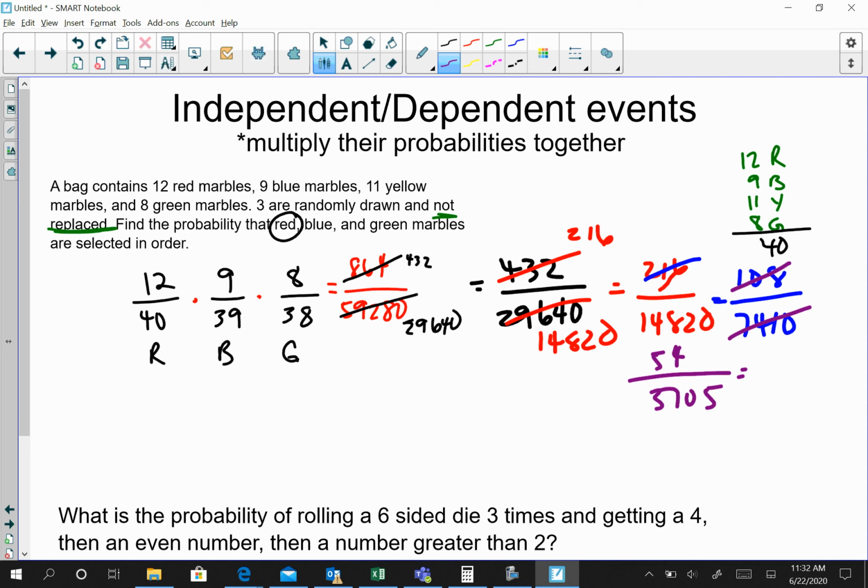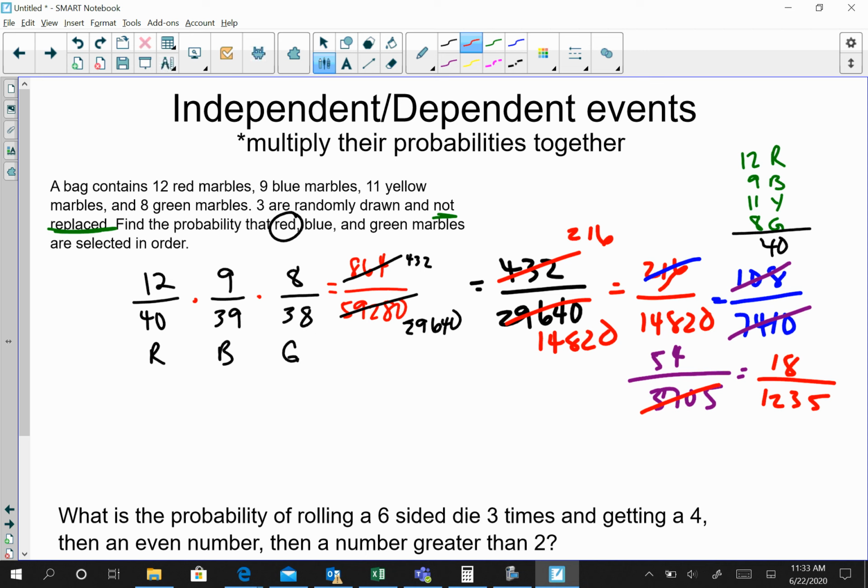This is a 7. Can't read my own handwriting. Wow. I'm going to jump to 3. So I'm going to divide both by 3. 3705 divided by 3 is 1235. And 54 divided by 3 is 18.